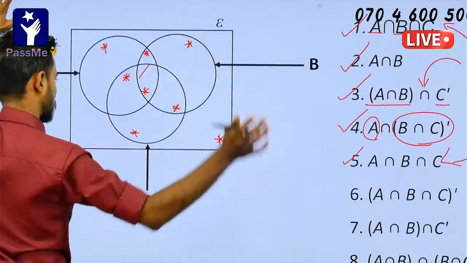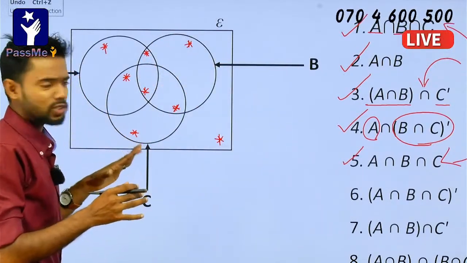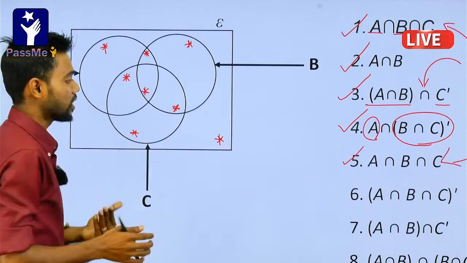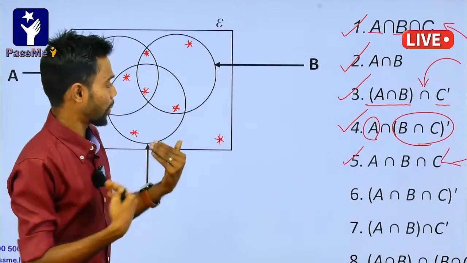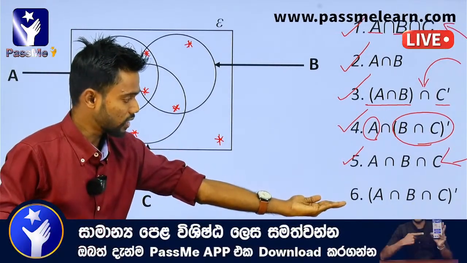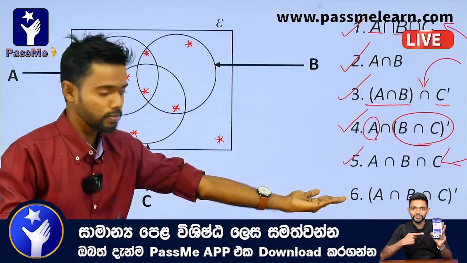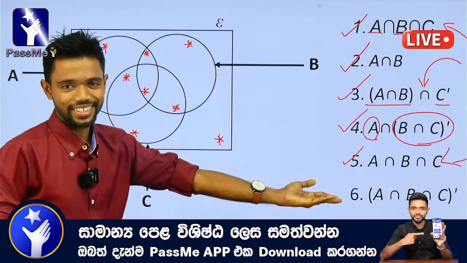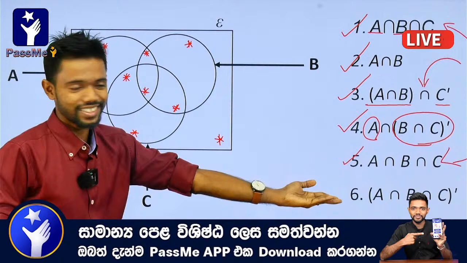That means the outer region. For the outer region, in that question you don't need to use the star mark because it is very, very easy, right? My method is applicable for all these questions. Even though this one is very simple, we can use my method also. But since this is very simple, you don't need to use it.